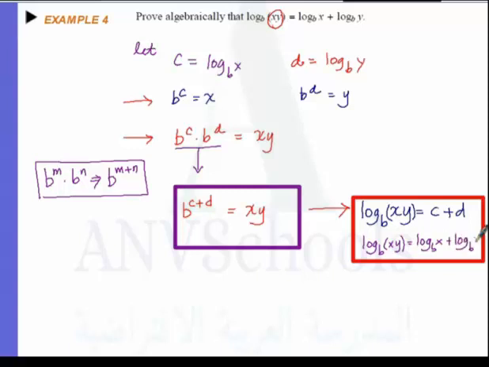Therefore, we proved that indeed log to the base b of xy is equal to log to the base b of x plus log to the base b of y. Okay, so this is the answer for this example.